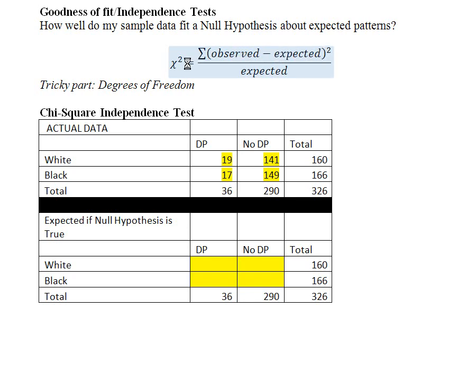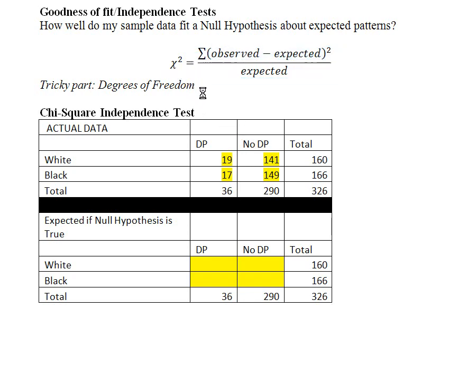So that's the numerator, the sum of squared differences. And then in the denominator is the expected value. So you want to do these one at a time. I should probably have the sum outside of this fraction, actually. So I have some bad notation here. So you take the observed minus the expected squared, divide it by the expected, and then you add those things up. So I should have written this differently.